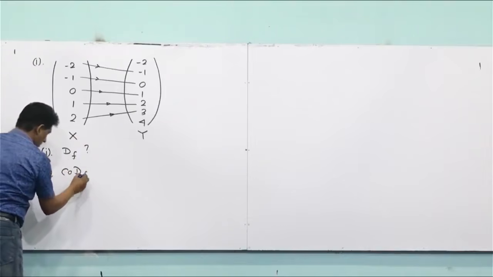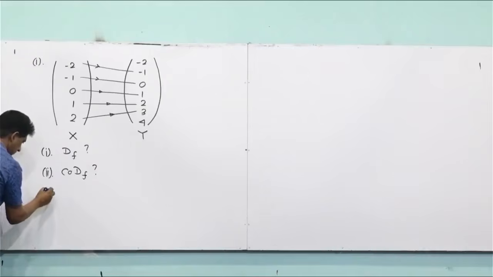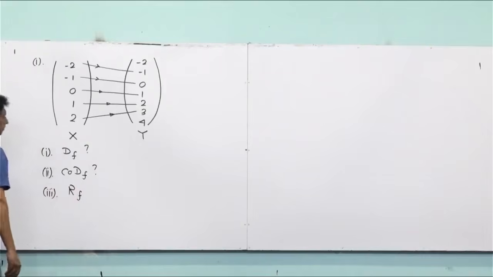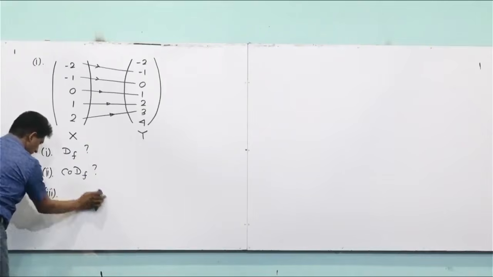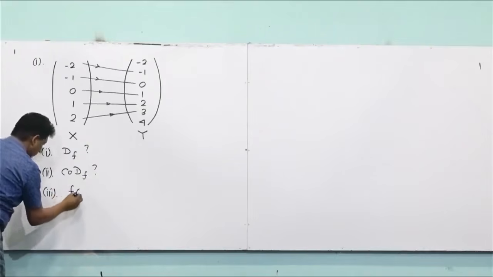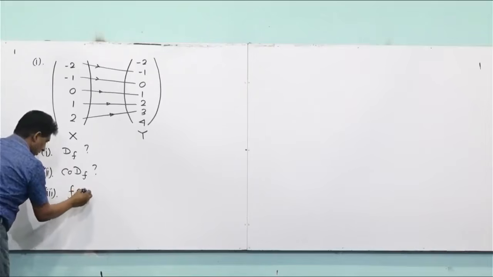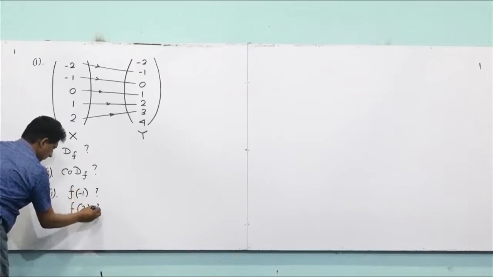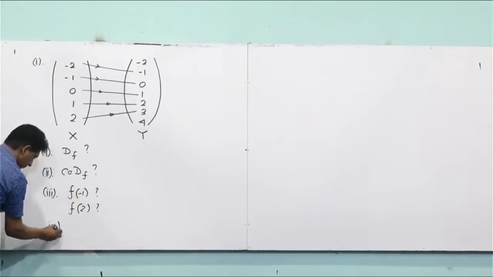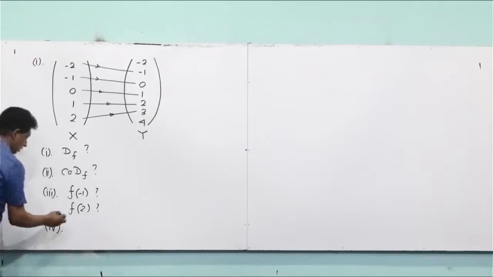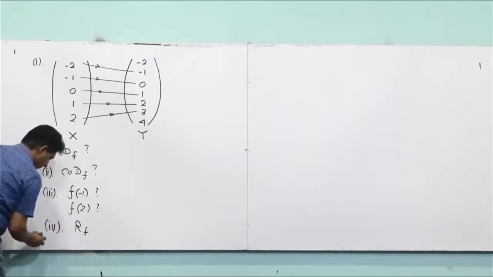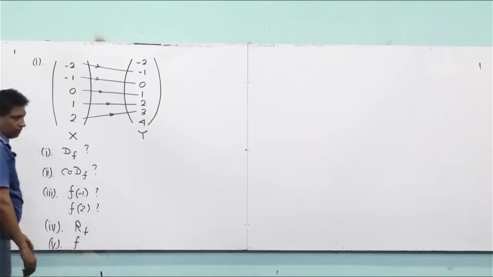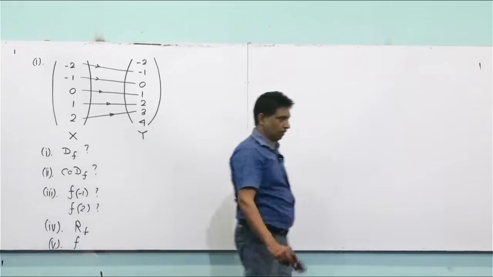Second one, CODF. Third one, RF. Before RF, F of -1, F of 2. Fourth one, RF. Fifth one, simple if. Right.